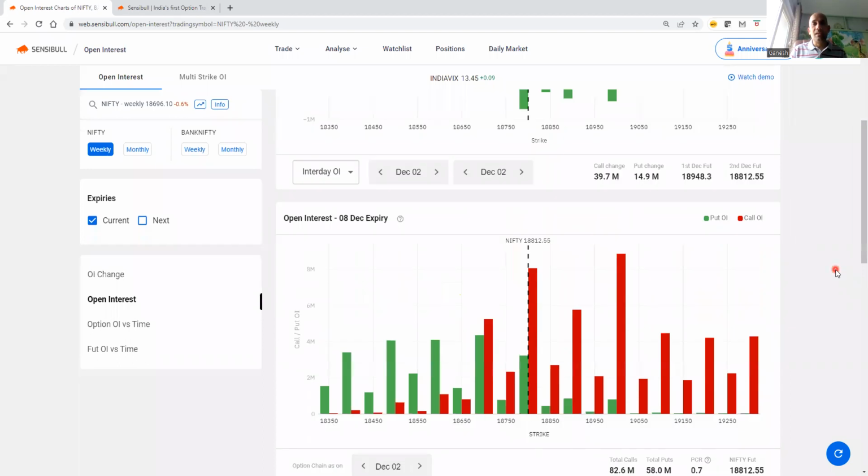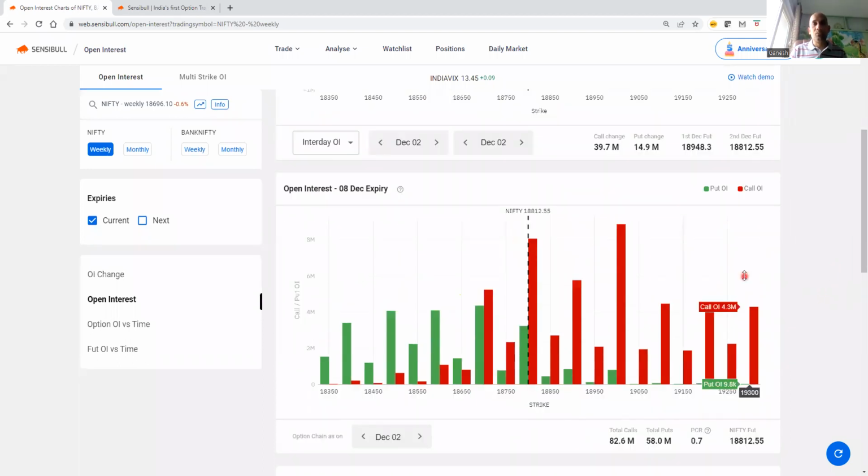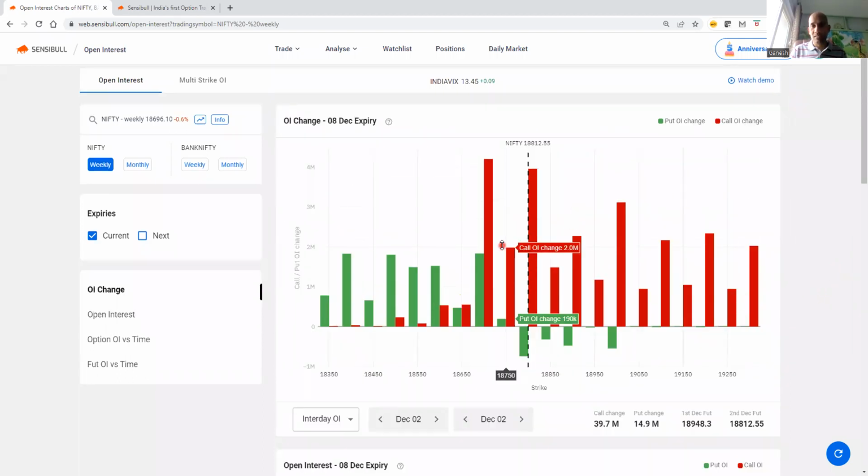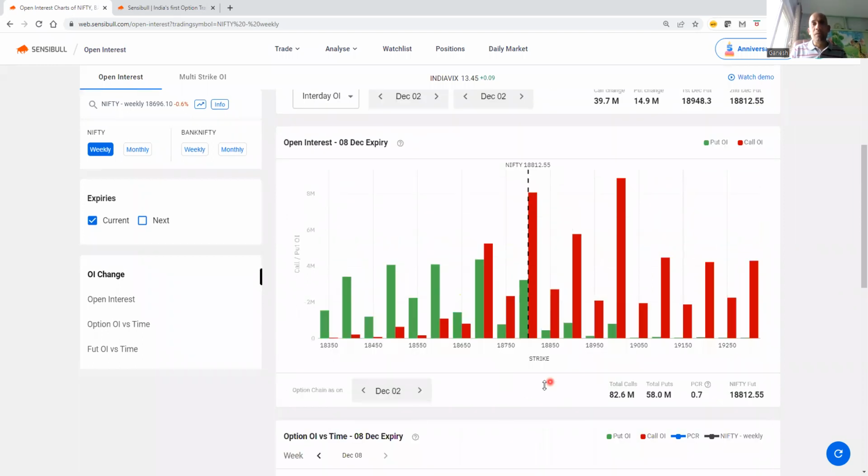And over a month, by expiry, if you want to see: this is December 2nd open interest, but what would happen by this expiry, 18th December? Here, we can see 18,800 has more open interest, but as a straddle we see 700.